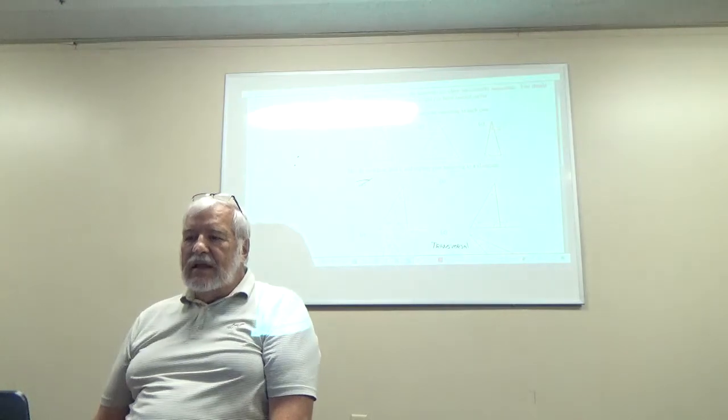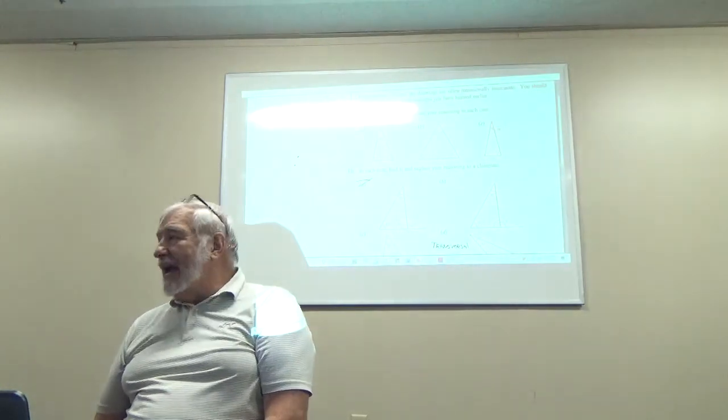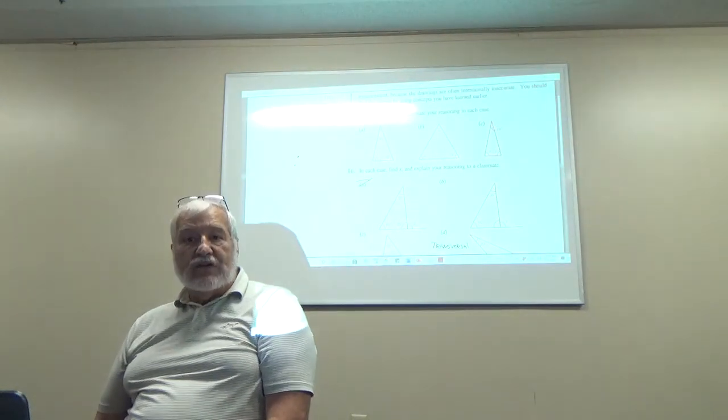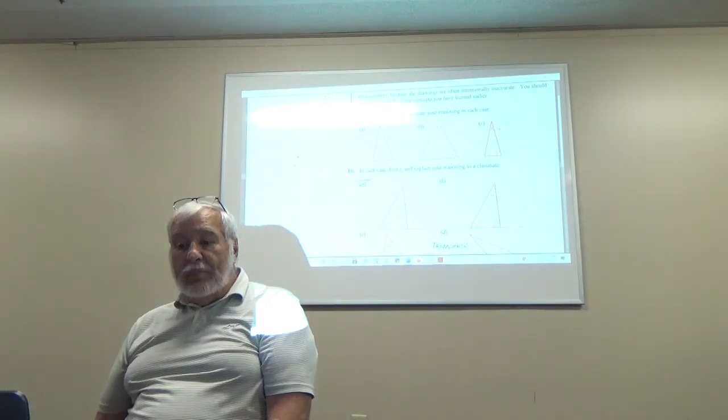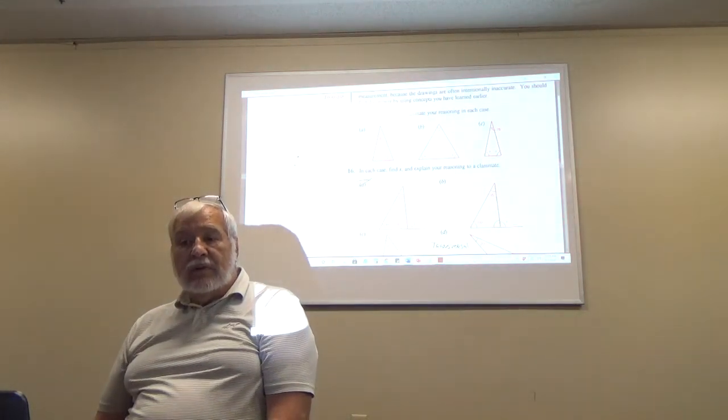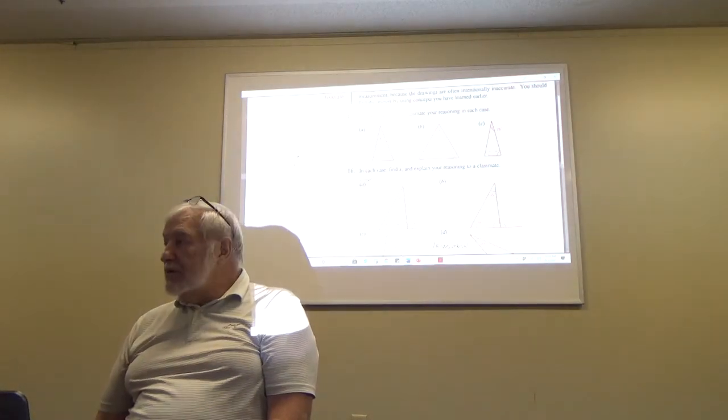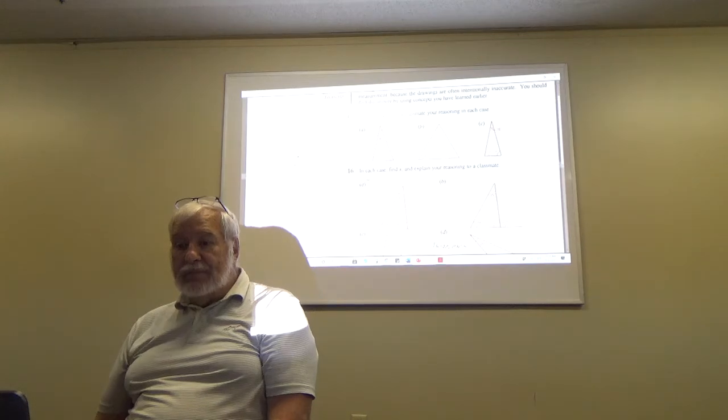Okay, so if the 3 angles of a triangle all add up to 180, then A, B, and C shouldn't be that big a problem, right?